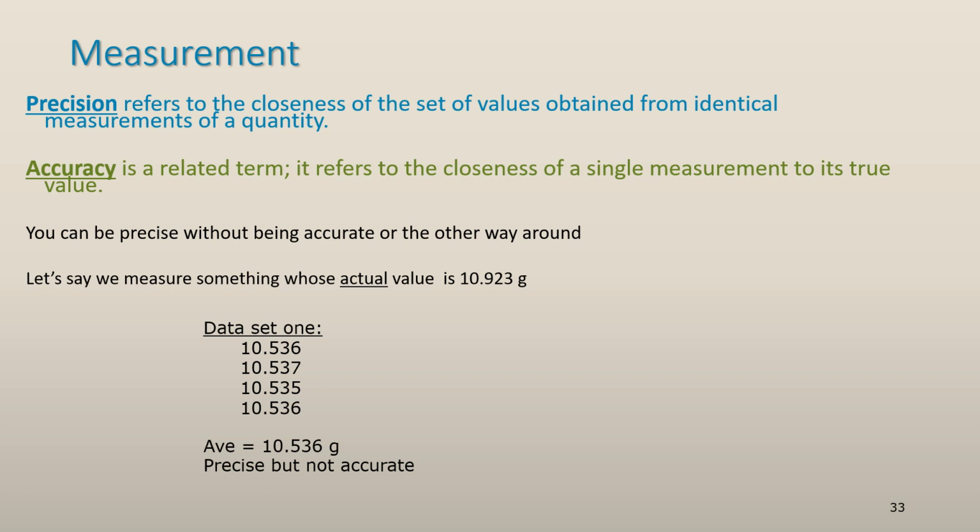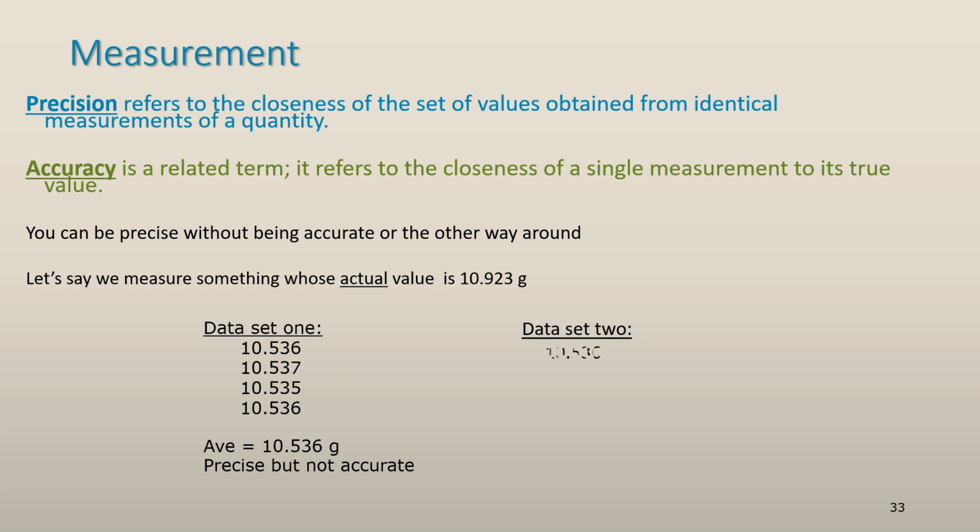But you're very precise, because these numbers are very close to each other. However, it's not accurate because the actual value is 10.923. This situation might happen if the scale is not zeroed properly, so you're off by the same amount every time. So this is precise but not accurate.